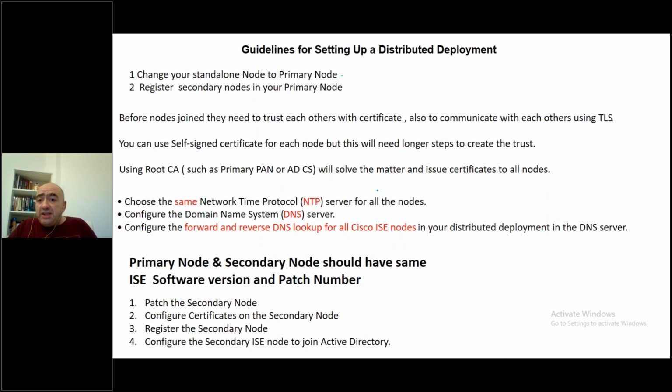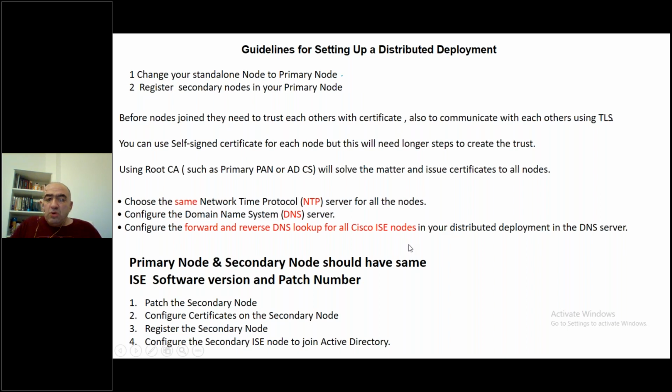We need to configure DNS with the lookup query and reverse lookup query records for all the devices, all the nodes. So forward and reverse lookup for all ISE nodes should be configured. And the primary node and secondary node should have the same ISE software version and patch number.